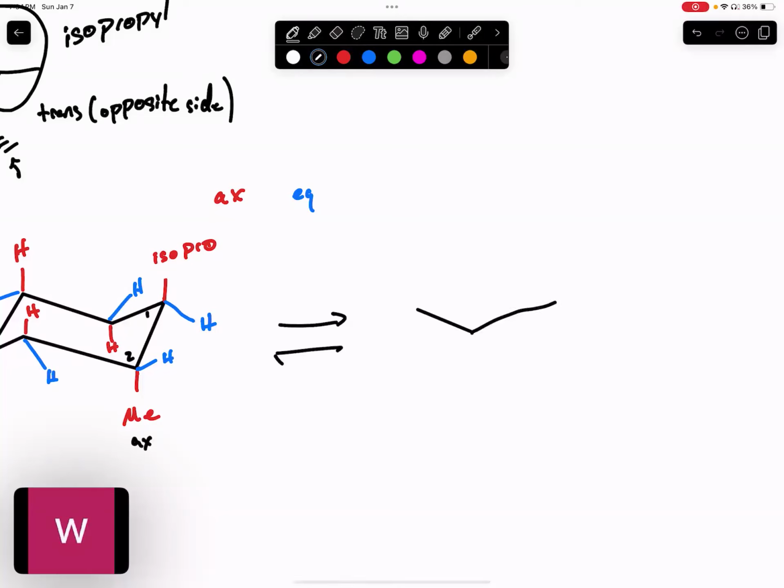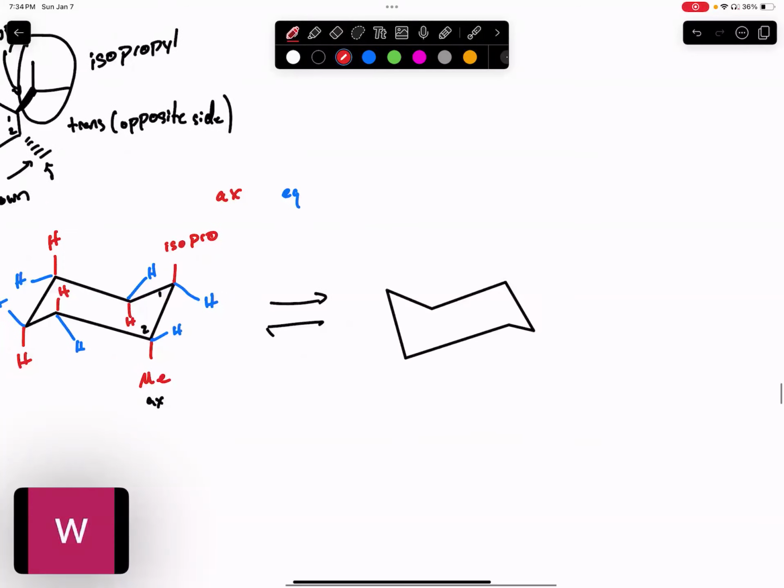So if you look at this reflection, I'm trying to do my best to draw it as straight as possible. All right, that was good. Okay. Now, ring flip. Carbon 1 is now at this position.